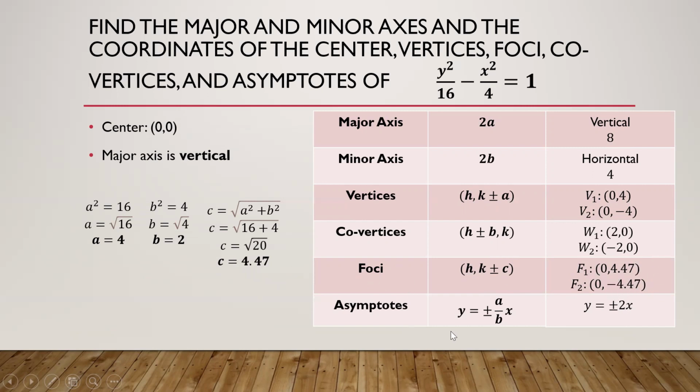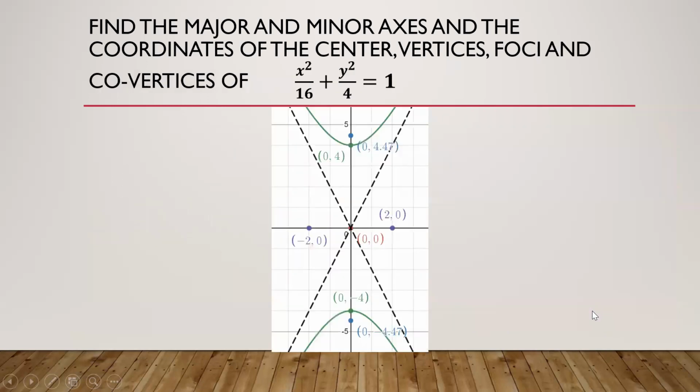For our asymptotes, we just simply put in the values. So y equals plus or minus a, so that's 4 over b, so that's 2. So 4 over 2 is just 2x. So y is equal to plus or minus 2x. If we try to graph this equation, it will look something like this.